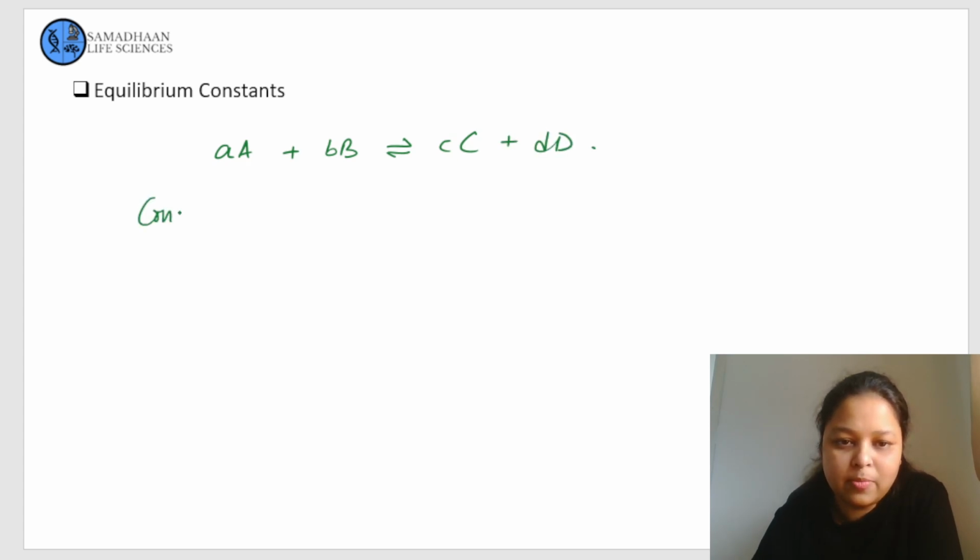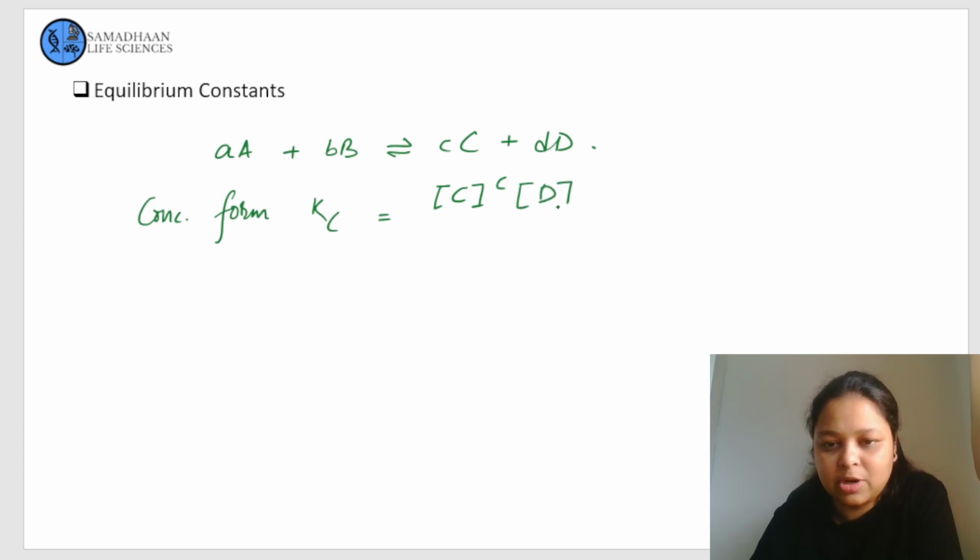Now for the equilibrium constant, we will write the constant in concentration form. Kc is equal to activity of C to the power small c, activity of D to the power small d, divided by activity of A to the power a and activity of B to the power b.